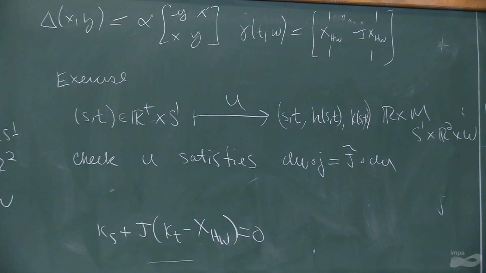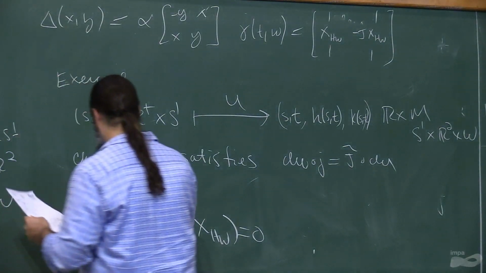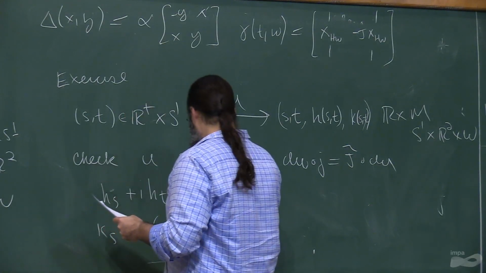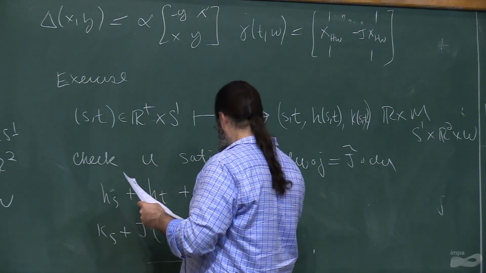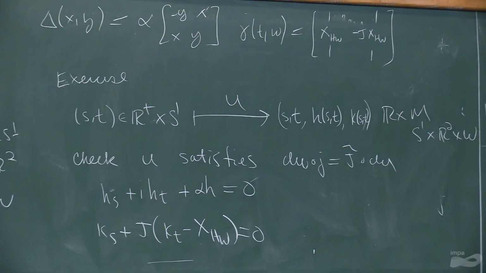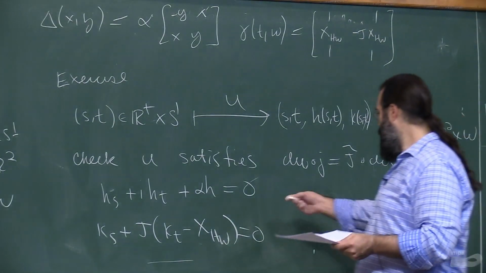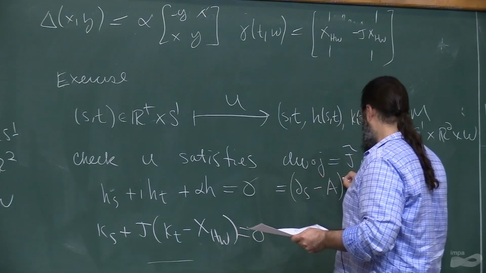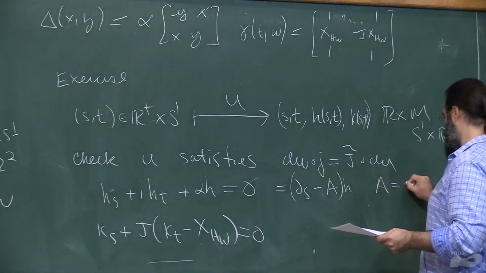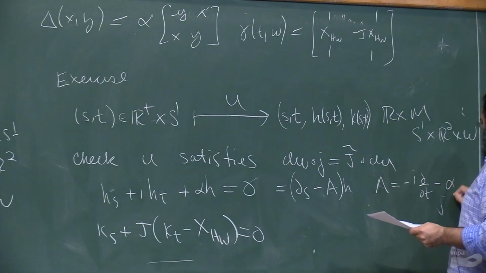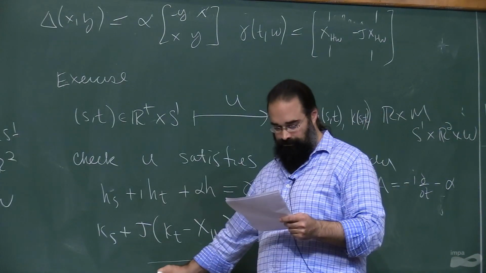Just gradient flow lines will work once I picked an appropriate metric. The H component looks like this. That's also the Floer equation, but I've written it a little differently. Because the Hamiltonian's quadratic, it turns out the Floer equation becomes linear. And so this actually looks like d/ds minus A applied to H, where A is this self-adjoint operator, minus I d/dt minus alpha.